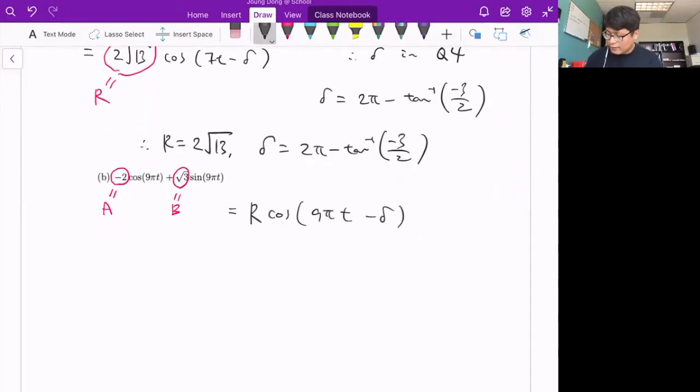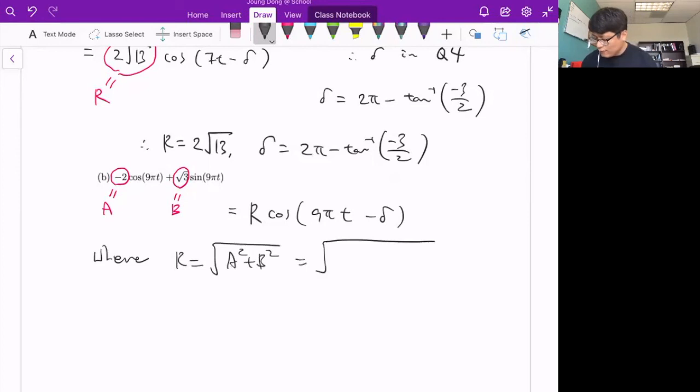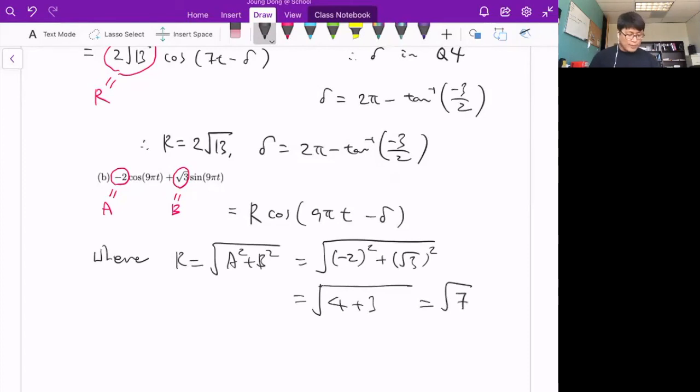R is equal to square root of A squared plus B squared, which is square root of negative 2 squared plus square root of 3 squared. That is square root of 4 plus 3, which is just square root of 7, right? And then what about your delta?